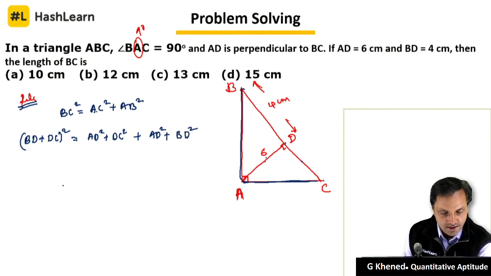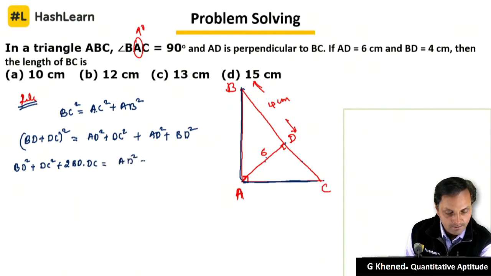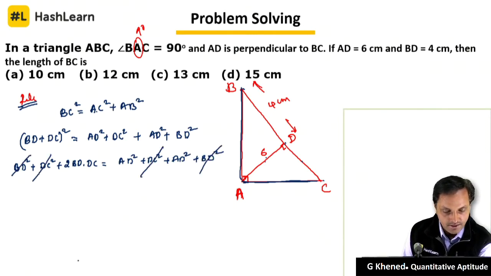So what are the terms that are going to cancel here? BD square plus DC square plus 2 times BD into DC equals AD square plus DC square plus AD square plus BD square. So BD square and DC square will cancel. So AD square, 2 times BD is how much?